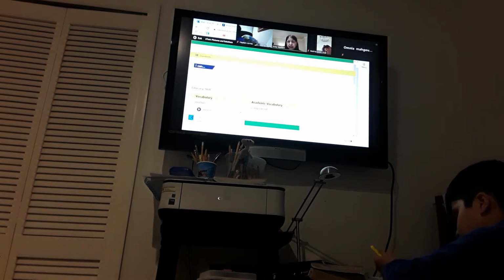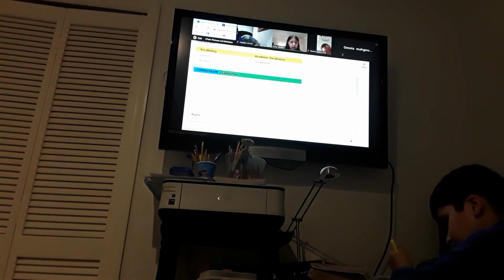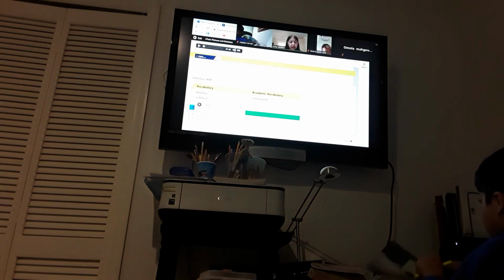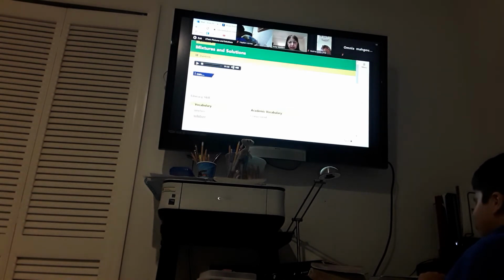A raisin still keeps its property, it's still a raisin, and a peanut keeps its own property, it's still a peanut. Okay? Whereas a solution is a mixture where the substances are evenly spread out.